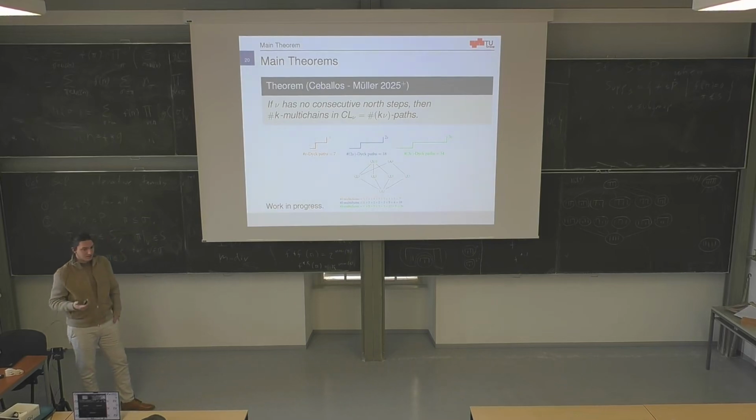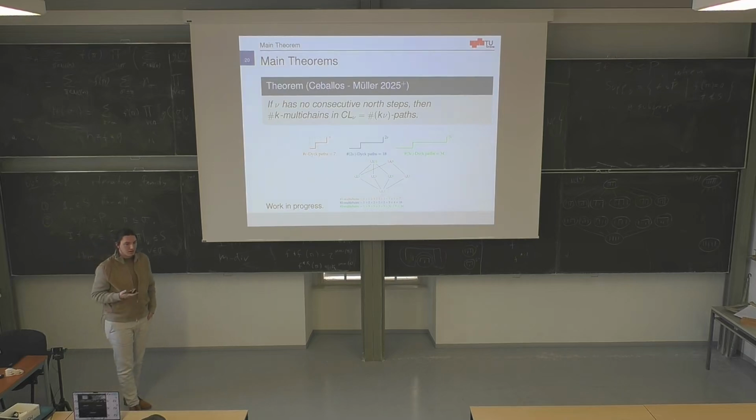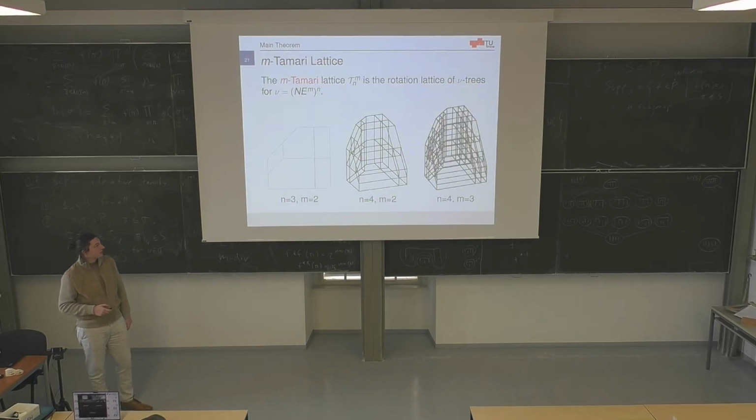So again, we need the condition that our lattice path has no consecutive north steps, and then the number of k multi-chains in the new co-label order is given by the number of k nu Dyck paths. So it is enough to count the Dyck paths to obtain multi-chains in the new co-label order. And so these were our generalizations.